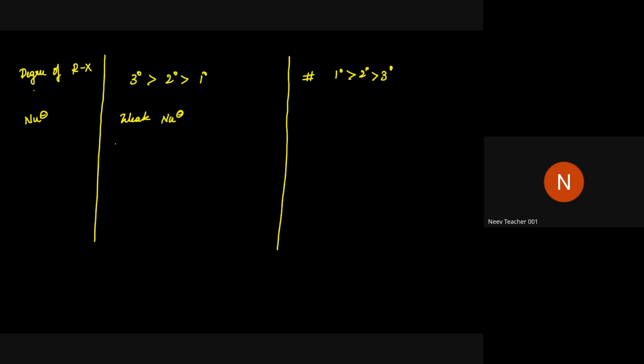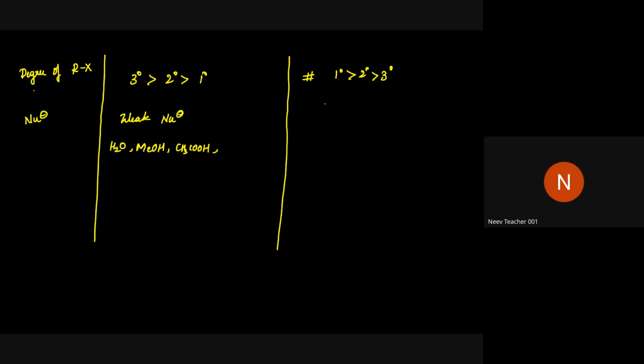H2O, MeOH. Weak bases, right? Almost all polar protic solvents act as weak bases. CH3COOH. Okay, this many are enough for now.